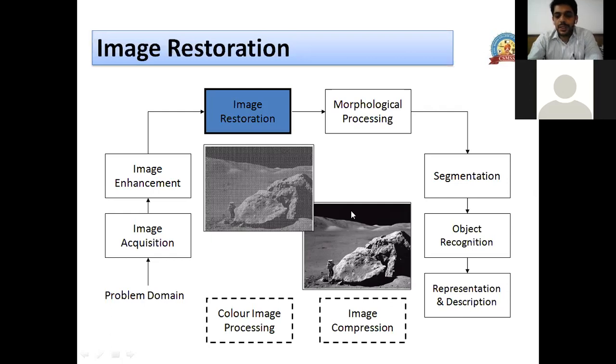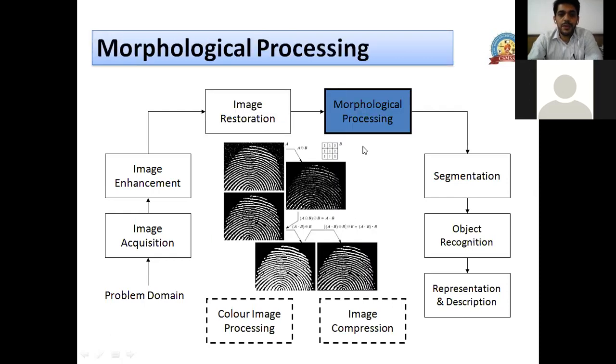Once the restoration process is done, we go for the morphological process. Morphological processes are different techniques using which we can identify the features in an image. For example, the example given here is biometric fingerprint image processing.